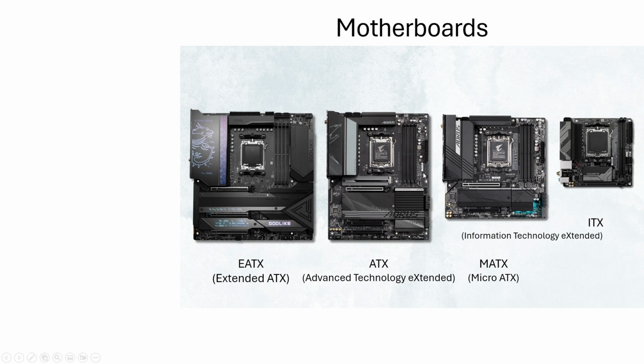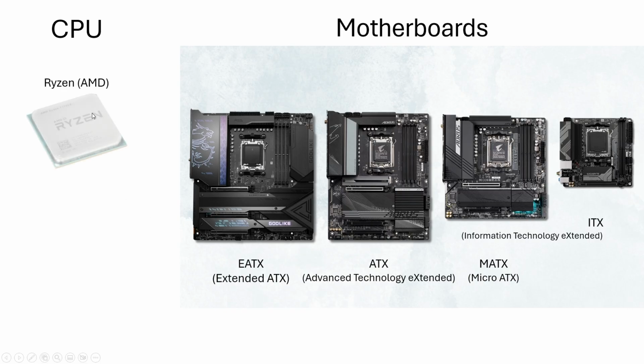And then another big thing, the reason why I wanted to cover CPUs while doing the motherboards is because your motherboard is going to dictate what CPU you use, and vice versa. Whatever CPU you use is going to dictate your motherboard. And I'll cover the reason why. Because there's 2 main CPUs that you're going to see.